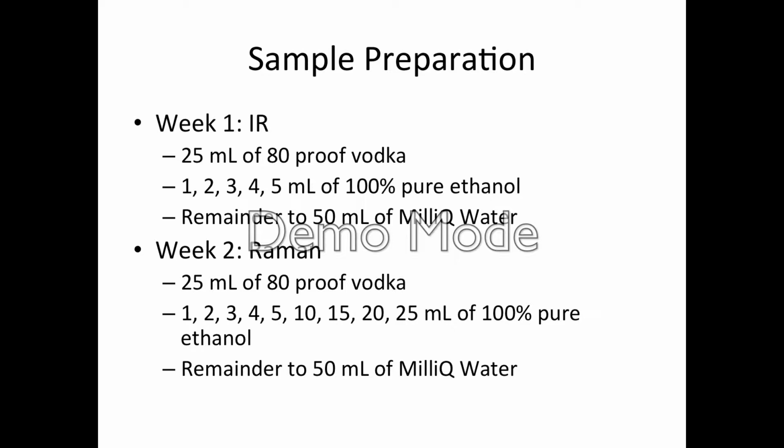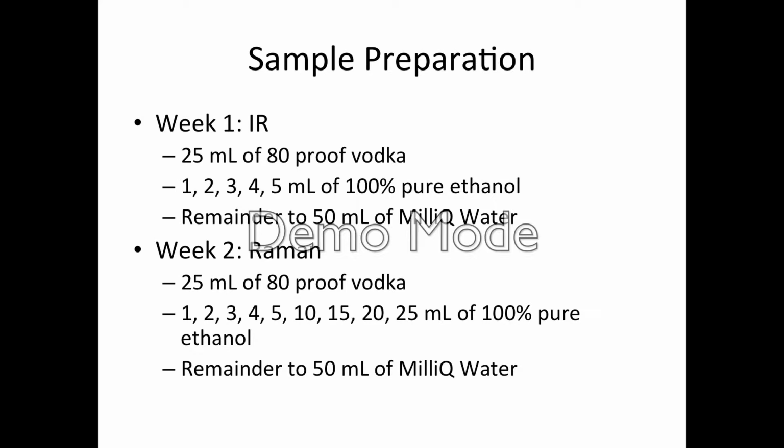The reason why we did it this way with standard additions of pure ethanol was that the ethanol content in the 80 proof vodka is too low for analytical calculations, so adding standard additions allowed us to back calculate later on the actual ethanol content in vodka.